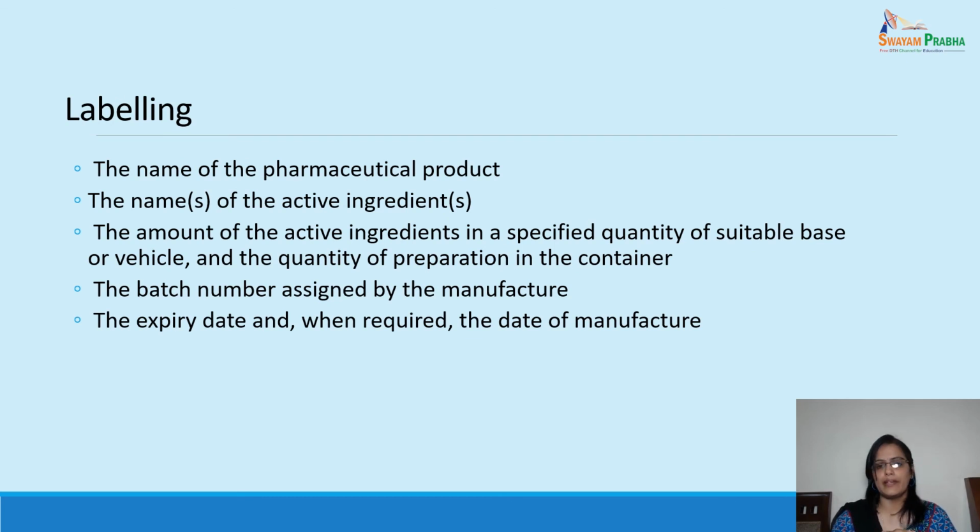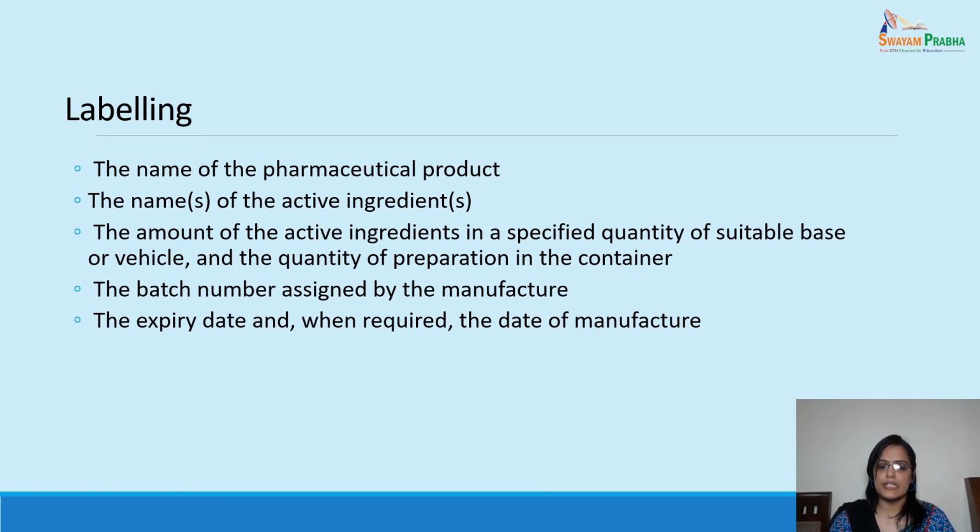Now, the labeling requirements. The label should include the name of the pharmaceutical product, the name of the ingredient, the list of the other ingredients which are used, and if a special active ingredient is used for a special purpose, its quantity should be mentioned.